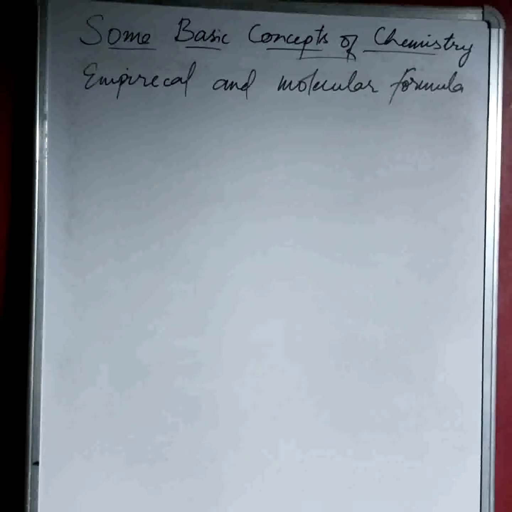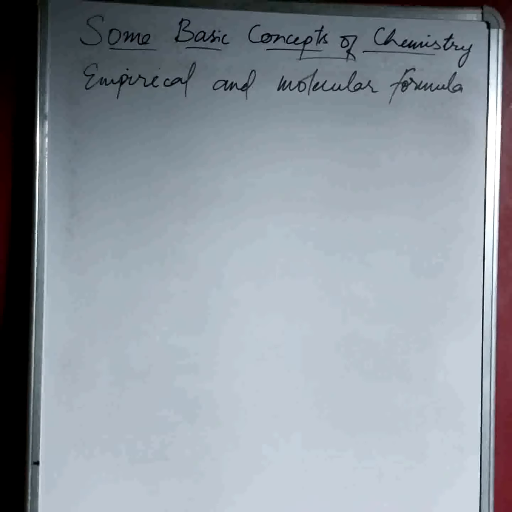Now, after knowing the percentage composition, let's try to make out what an empirical and molecular formula is. We have just seen that knowing the molecular formula of a compound, we can calculate the percentage composition of the various elements associated with it.